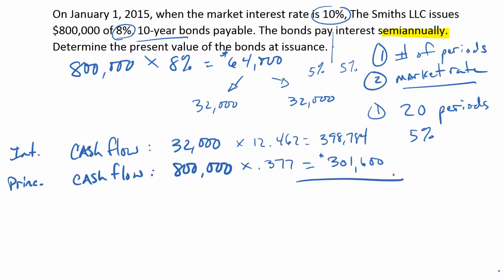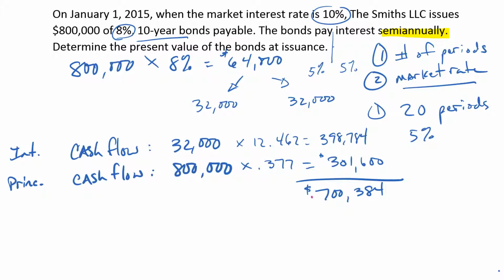Okay, so now I can total that up, and when I total it up I get 700,384. So it means that the $800,000 worth of bonds will sell for 700,384, meaning that they will sell at a discount.